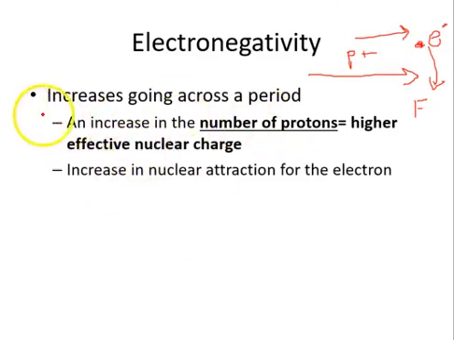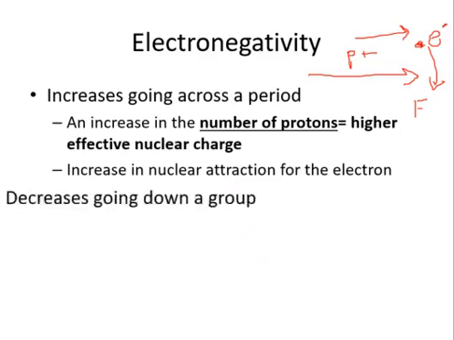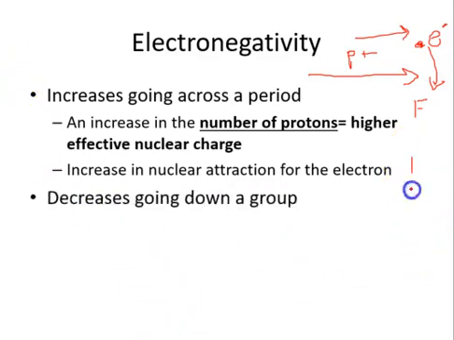All right, remember, this is the same reason that my element, my atom, was getting smaller as I went to the right. So my reasons are the same as they were the day before yesterday, and they are going to be the same for why we get decreasing as we go down as well. So it's going to decrease as we go down a group. What were the reasons that we got larger as we went down a group for size?